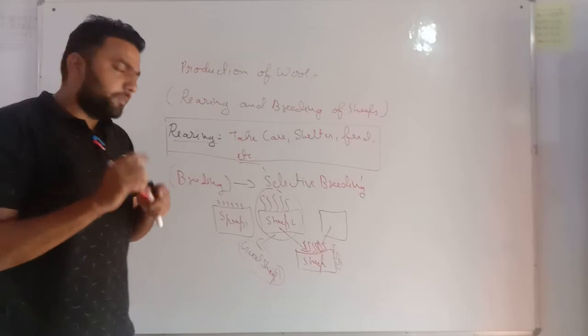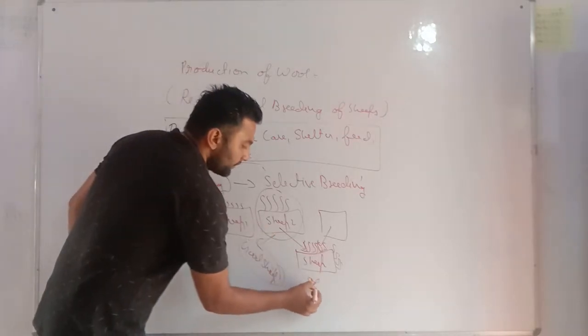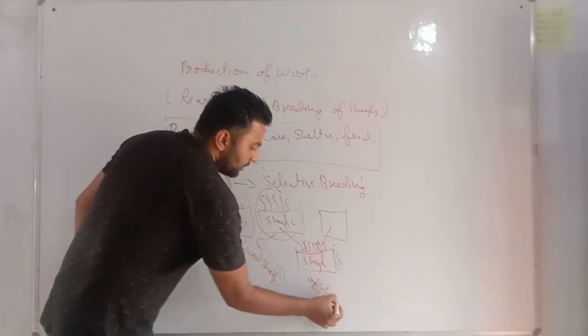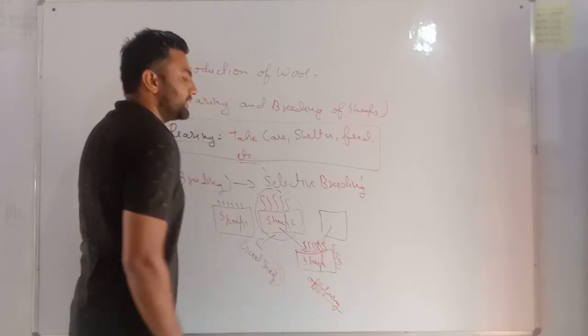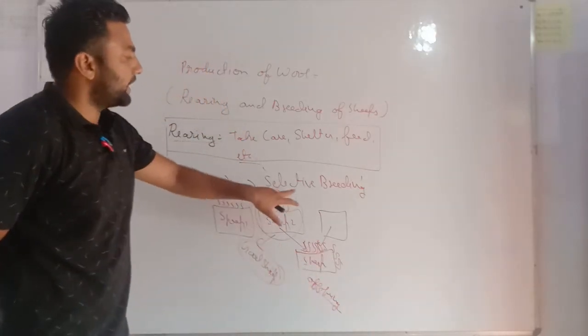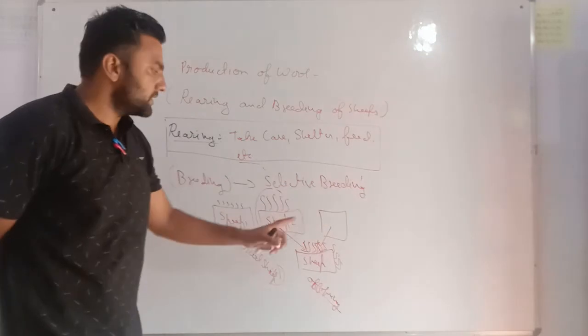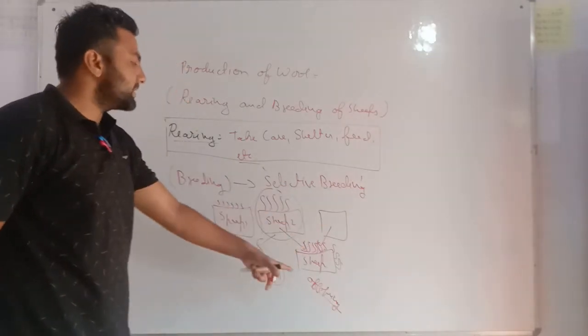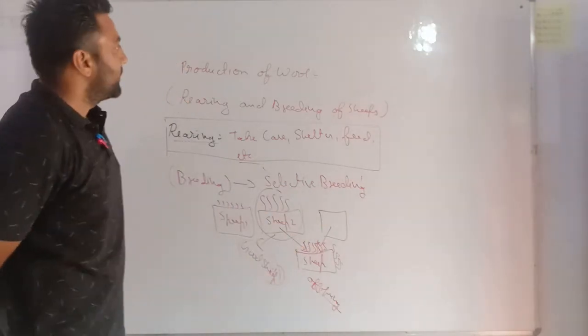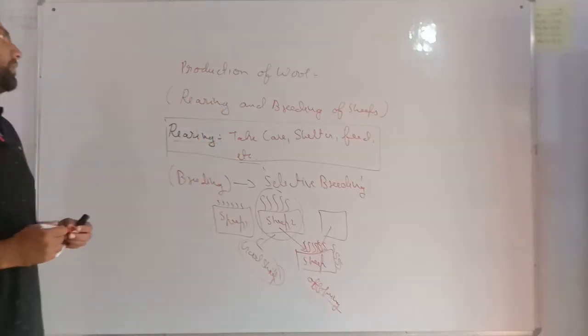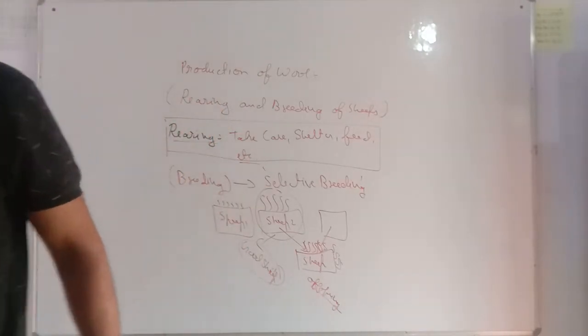Why? Because if it is a male parent, then the offspring will also be healthy and have good heads. That's why they do selective breeding. Selective breeding means to allow the mating of good parents and get a good offspring. So for the production of wool, first of all you need to do rearing and breeding of sheep.